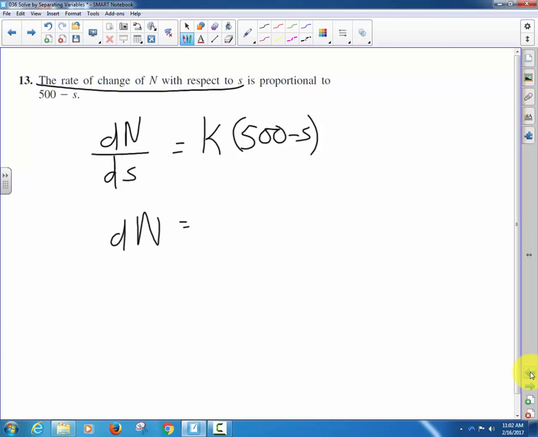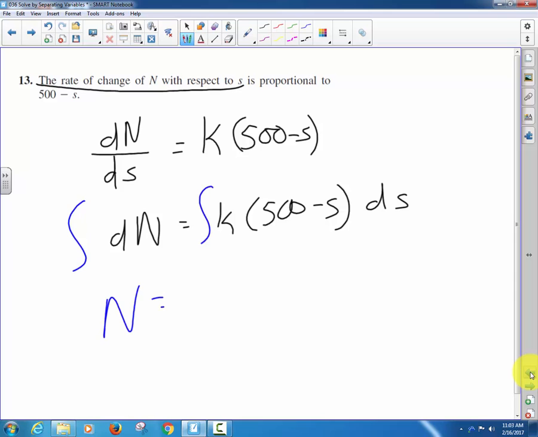dn equals k times 500 minus s ds. Do we need to divide both sides by k? It's not necessary, because n is the variable that we're integrating with over there. It's not wrong to divide by k, it's just going to make your problem a little more challenging to solve here. So now if we integrate, we get n over here. I'd bring that k all the way to the outside.